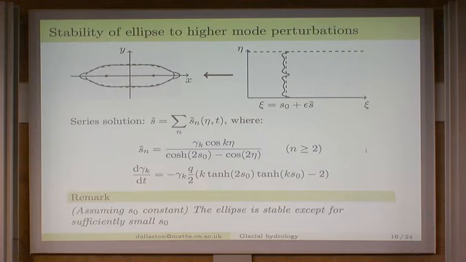And it turns out that it is stable, so you would expect to see an ellipse unless your S0 is small. So unless your ellipse is very long and thin, in which case it's not stable, these terms are growing.